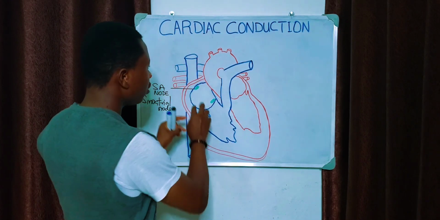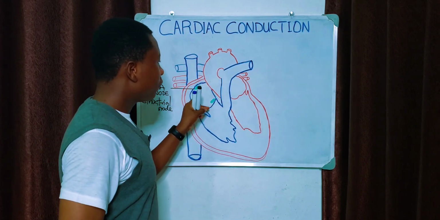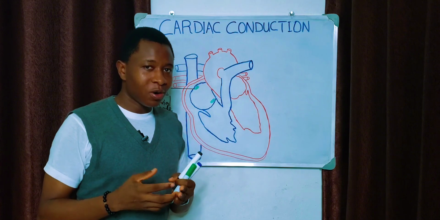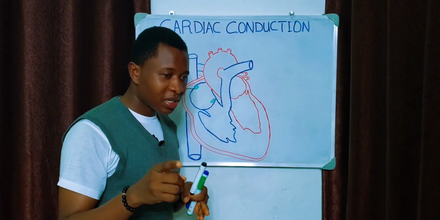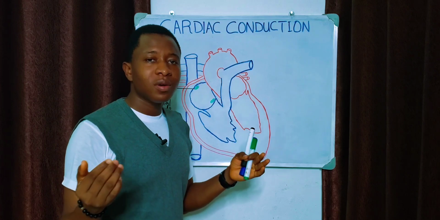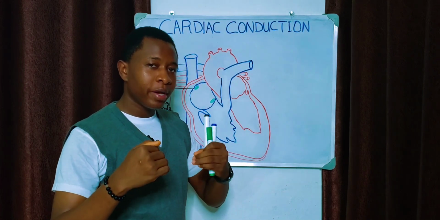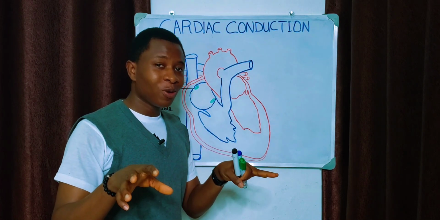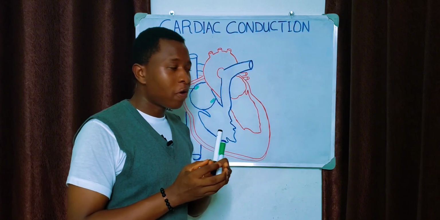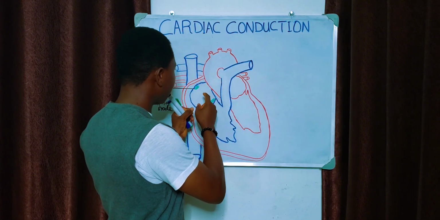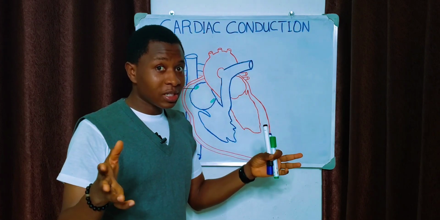For it to generate electrical impulses, there must be an influx of sodium and calcium ions, right? That is just action potential. When this happens, it pushes this impulse from one part of the node to others.